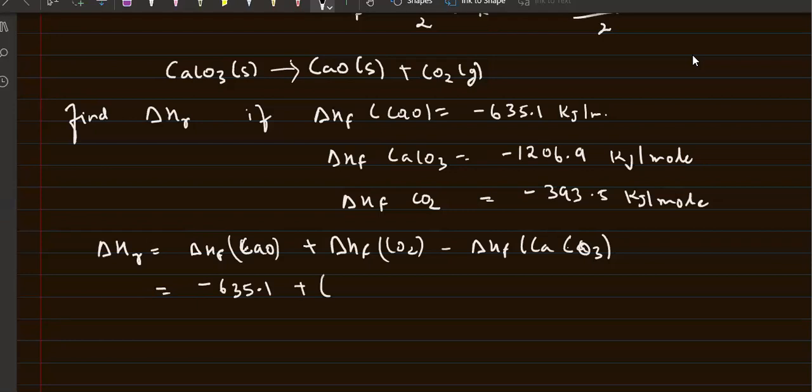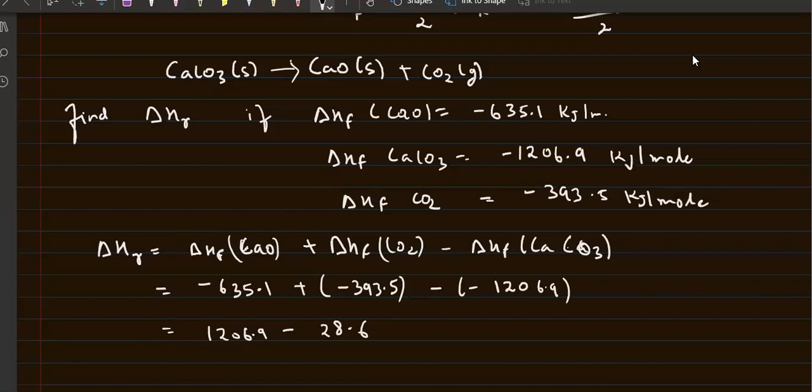Now delta H of CO2 is minus 393.5, and minus of minus 1206.9. So obviously if we calculate, it will be minus minus plus, so 1206.9 and this minus, you can just add these two.